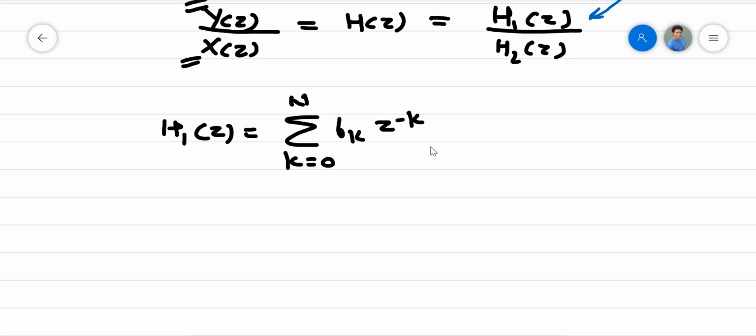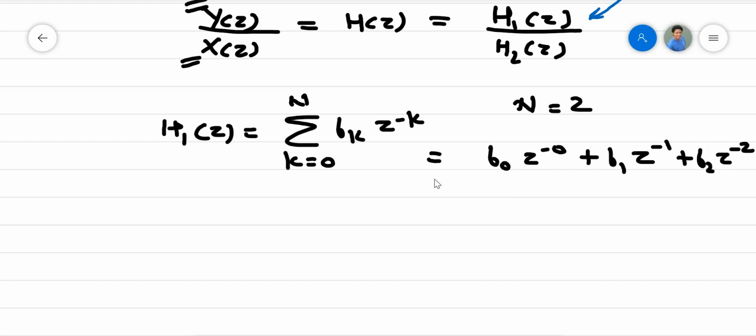Now, if we take a case, for example N equals 2, this equation can be written as b0 z to the power minus 0 plus b1 z to the power minus 1 plus b2 z to the power minus 2.